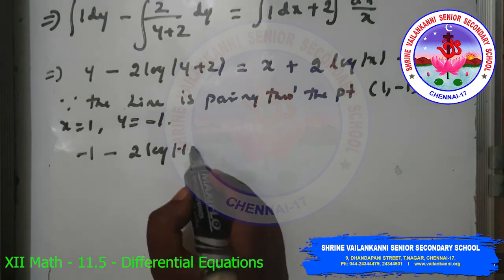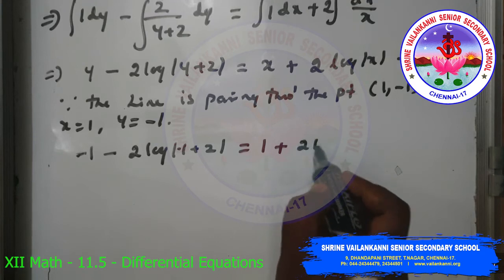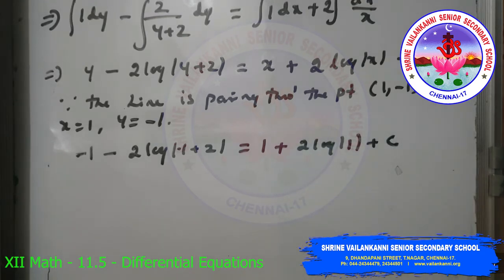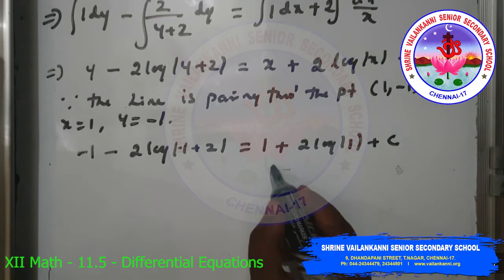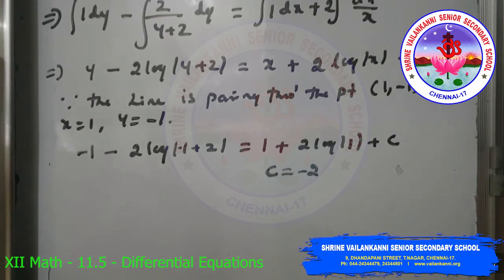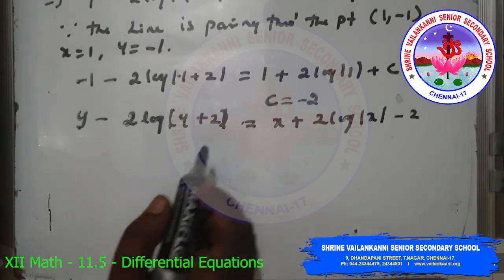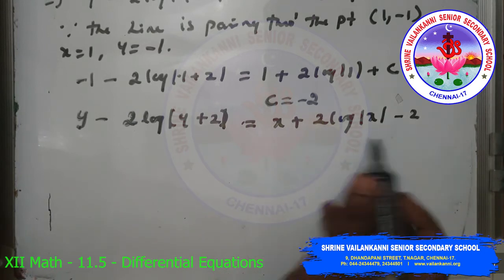So minus 1 plus 2, which is equal to 1 plus 2 log 1 plus c. So we get c equal to minus 2. So substituting in first equation, so y minus 2 into log of y plus 2, which is equal to x plus 2 log x minus 2.